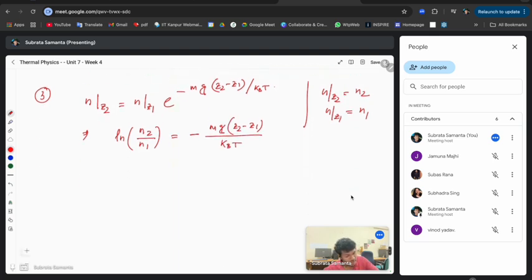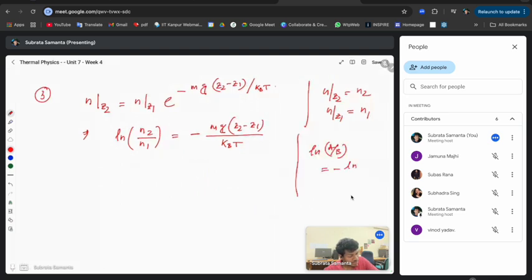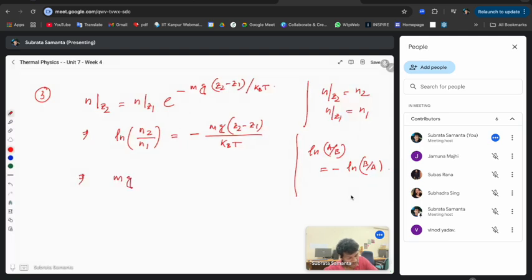And we know that ln(a/b) equals minus ln(b/a). So then m g (z2 minus z1) over kBT equals ln(n1/n2).